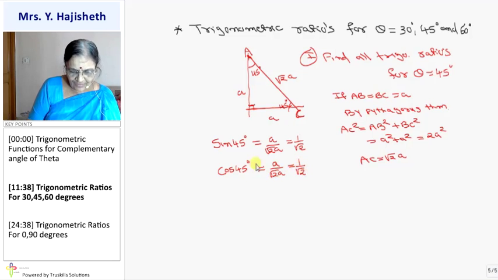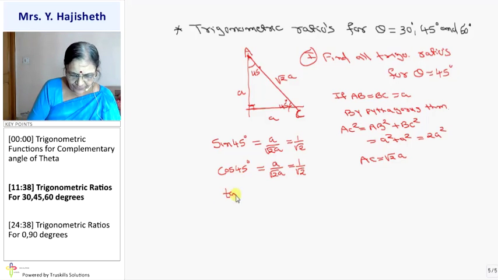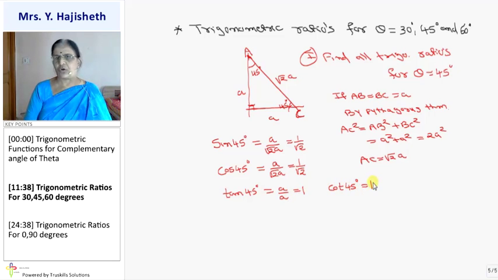And see, 45 both are complementary angle. So sine of 45 is cos of 45. So value you are getting same. Tan of 45 is opposite side upon adjacent side, so A by A. So it is 1. So cot of 45 is also 1 because tan of 45 is 1. So cot of 45 is 1 by tan of 45.